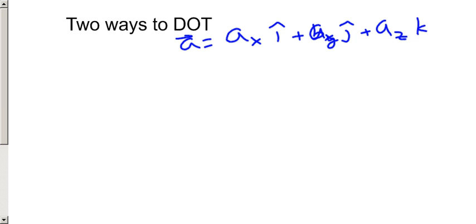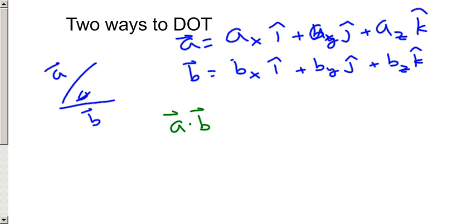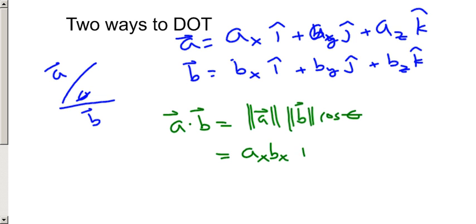If I have A being AX i plus AY j plus AZ k, and vector B being BX i plus BY j plus BZ k, and we have an angle between A and B to be theta, then the two ways that we can write or solve the dot product is that A dot B equals the magnitude of A times the magnitude of B cos theta, and it also equals AX BX plus AY BY plus AZ BZ.